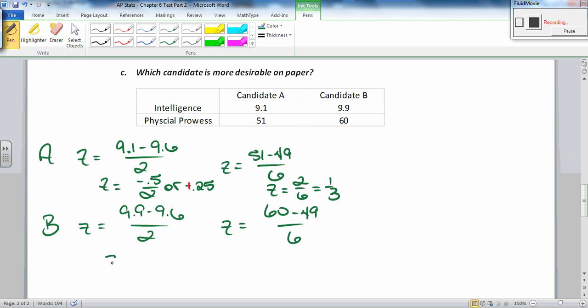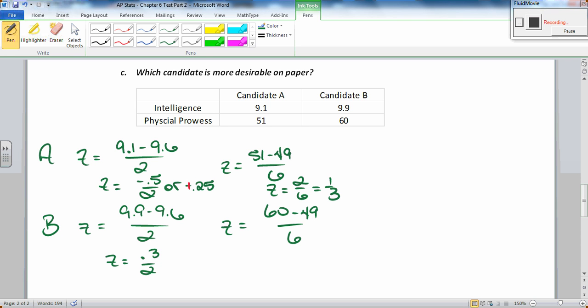For candidate B, what we have is 0.3 divided by 2. Now, in this case, this z-score is actually worse than the mean. I'm sorry, this value of 9.9 is worse than the mean value of 9.6.